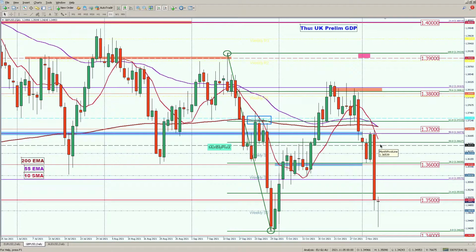Only 2 out of the 9 voted for a rate hike, and they also mentioned that they may not even increase in December. So it looks like the market is looking towards February for a possible rate hike this time.